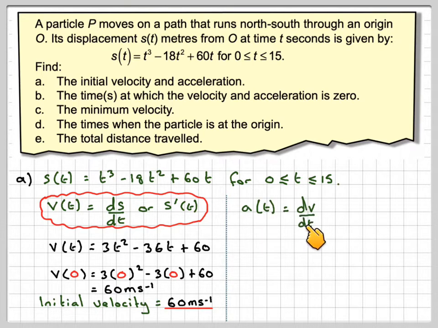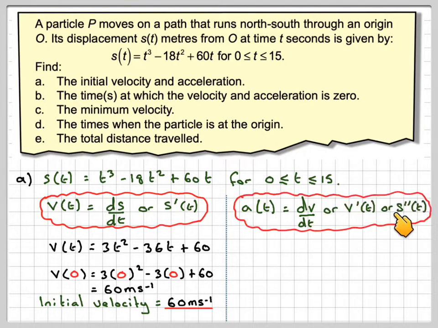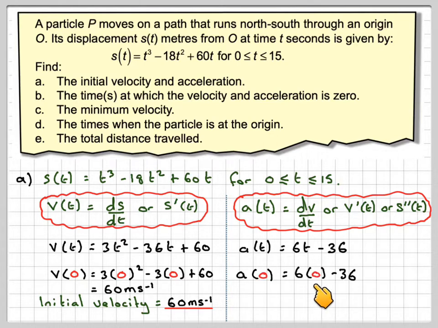But a of t is dv by dt, so we differentiate again, or differentiate displacement twice. If we differentiate this again, we're going to get 6t minus 36, and then a of 0 is going to be 6 times 0 minus 36, which gives me an acceleration of minus 36.